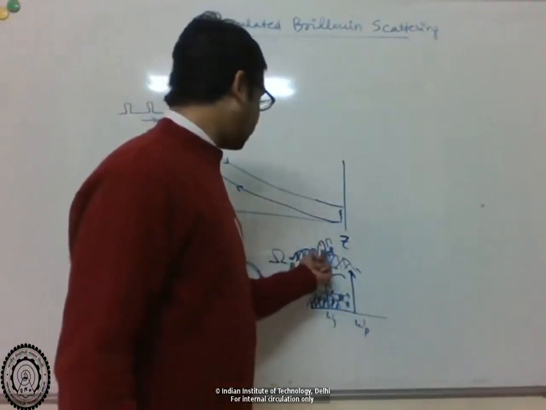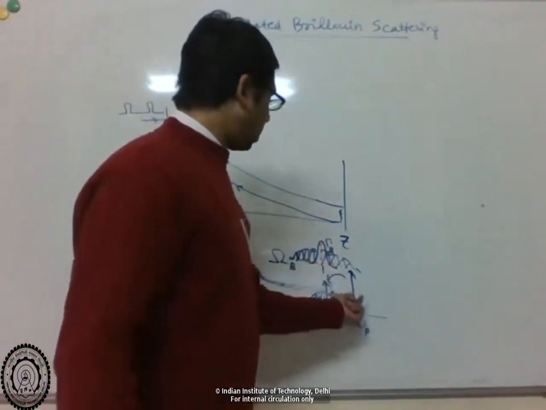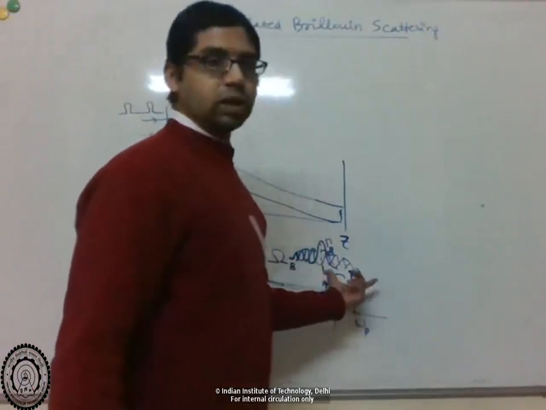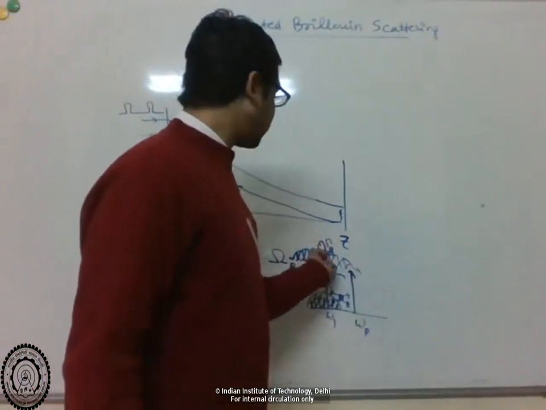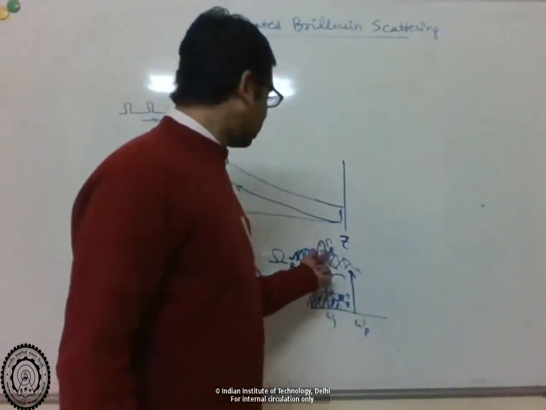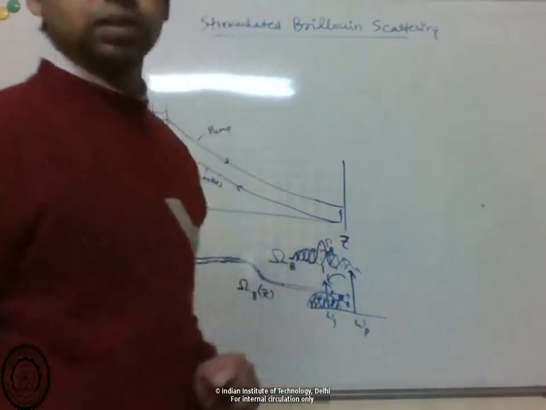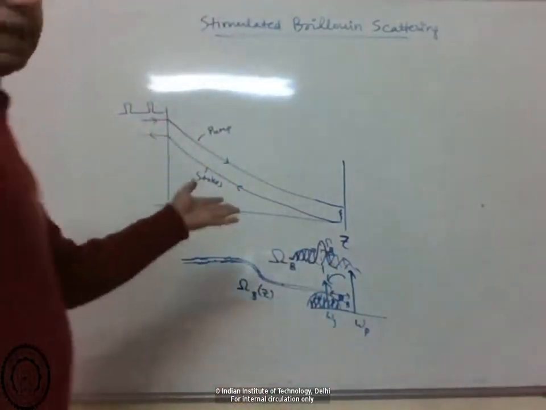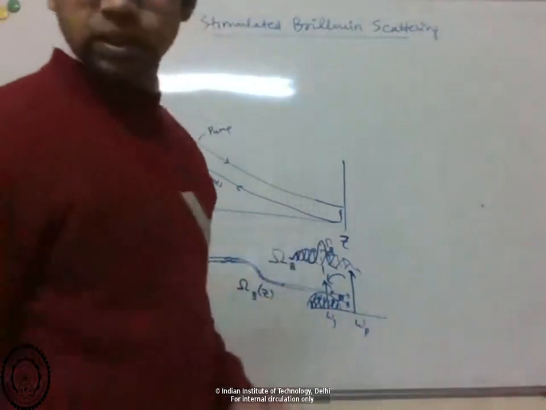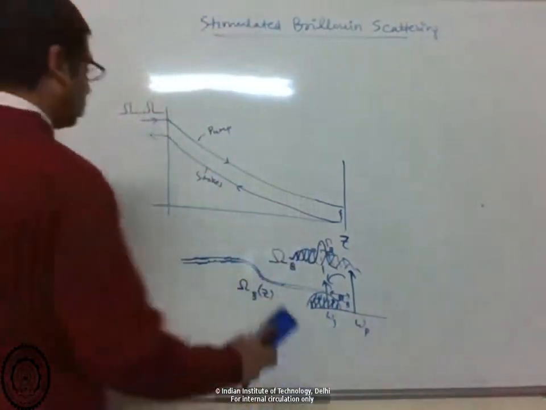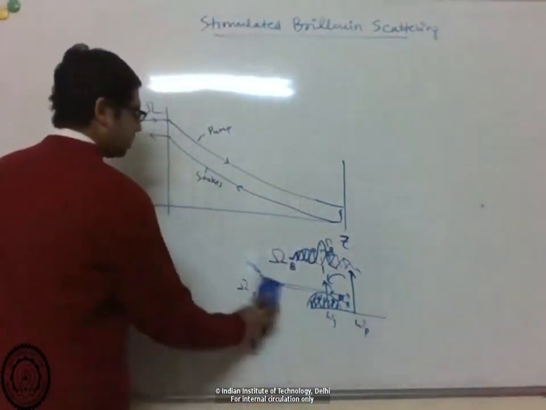Instead of broadening the gain line width, your input itself is very broad, much broader than, let's say, the Brillouin line width, which lowers the effective Brillouin gain.